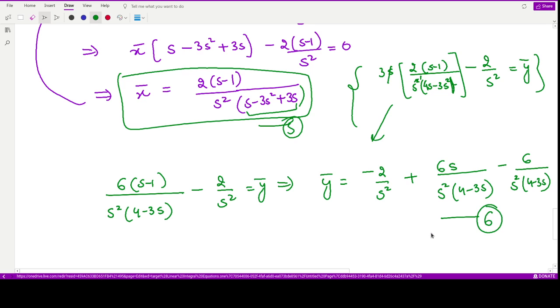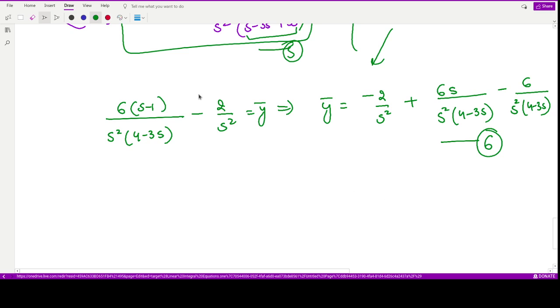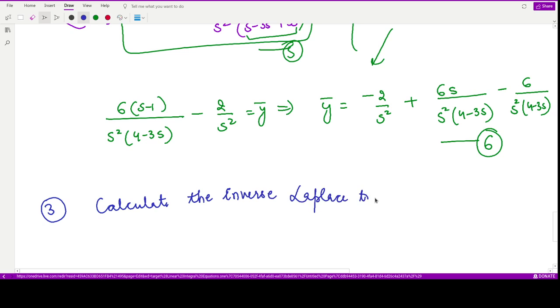Now you have equation 5 and equation 6. So in the third step, you will calculate the inverse Laplace transform of 5 and 6.